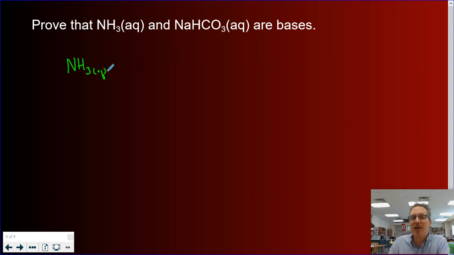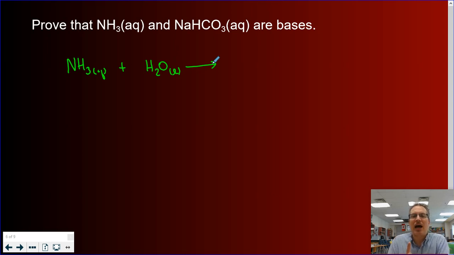And so some of us might have got this right. However, we have to be able to prove why this is basic. So since this doesn't contain a hydroxide ion, we're going to add it to water because that was the revised definition, says Arrhenius.